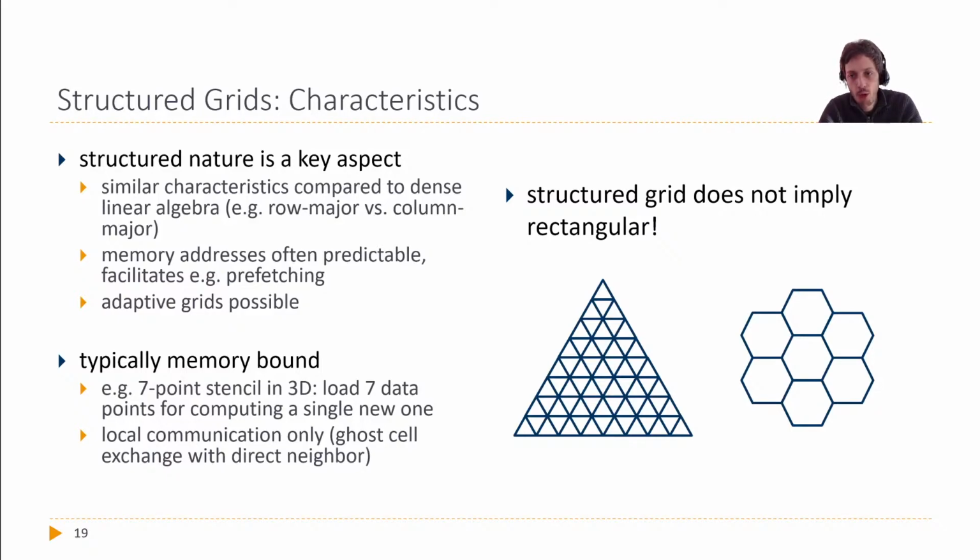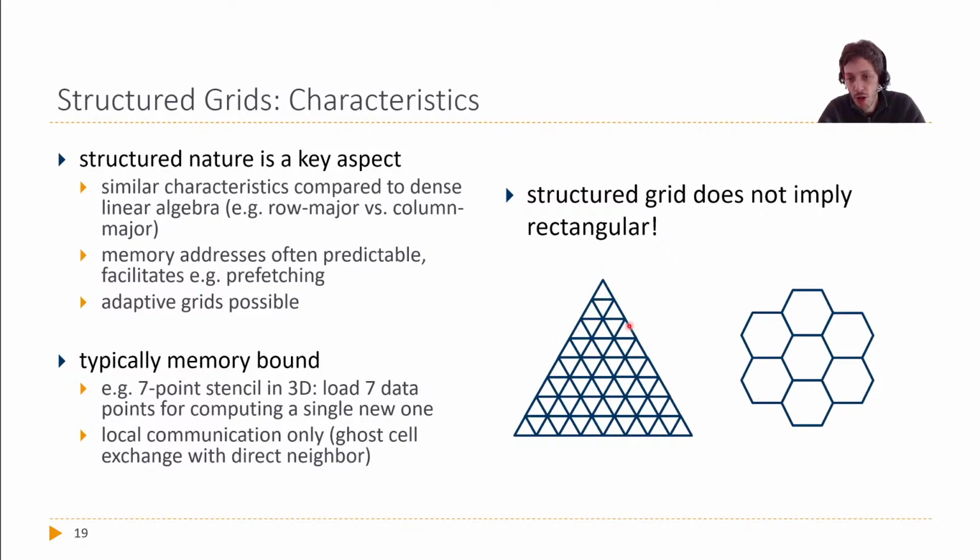Overall, it's still important to know that structured grids doesn't imply rectangular, which is a mistake that people often make when they just quickly think about stuff, because we often deal with rectangular problems, like our heat stencil. But consider the figures on the right. We have a triangular grid, for example, or we have a hexagonal grid, and both of these are still structured. It's very easy to come up with a short description of how to assemble something like this.